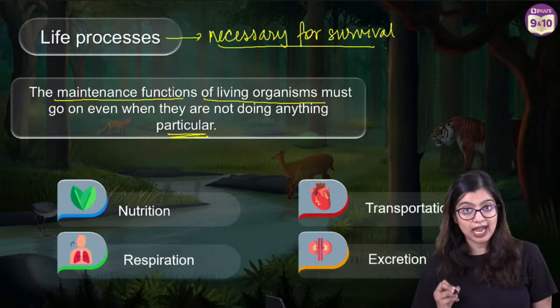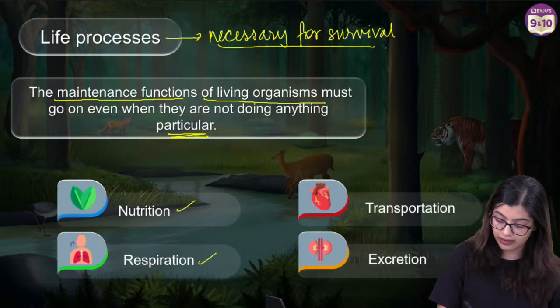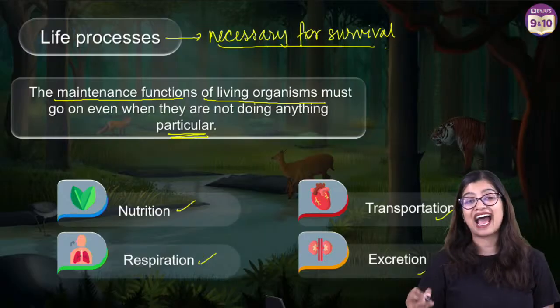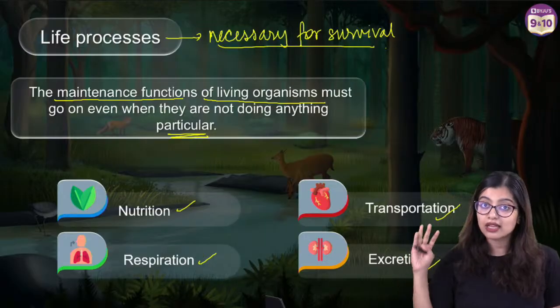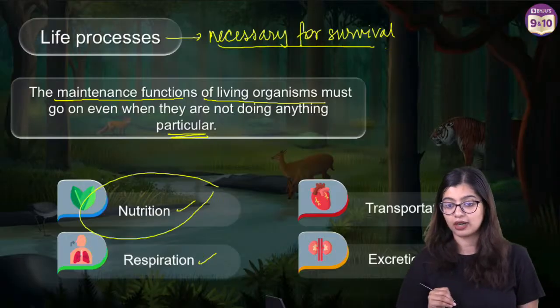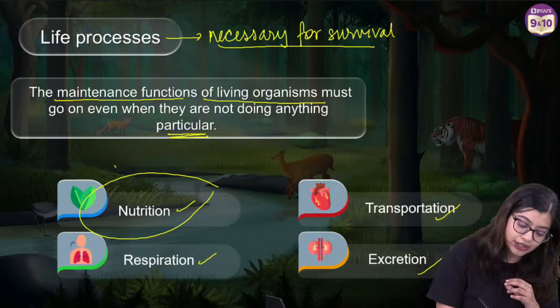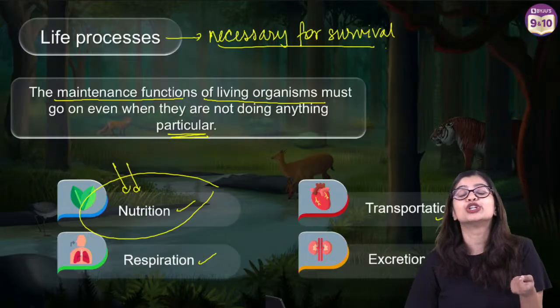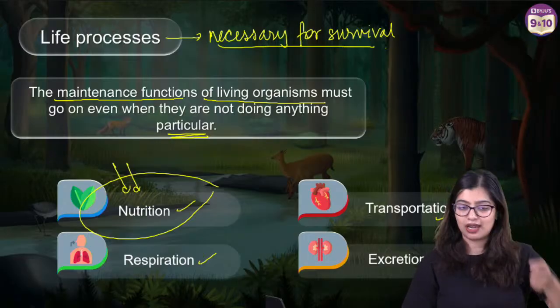Now what are these 4 life processes? We have nutrition, respiration, transportation and excretion. These are the 4 life processes that we will be covering in this chapter, and today we are going to elaborate more on nutrition and why it is an essential life process.